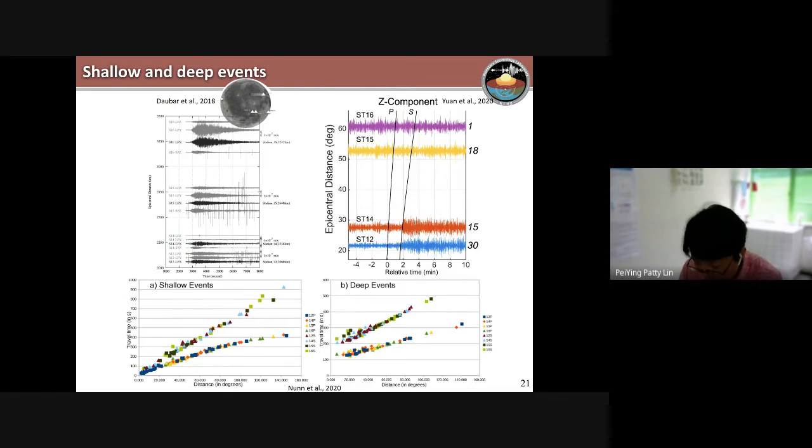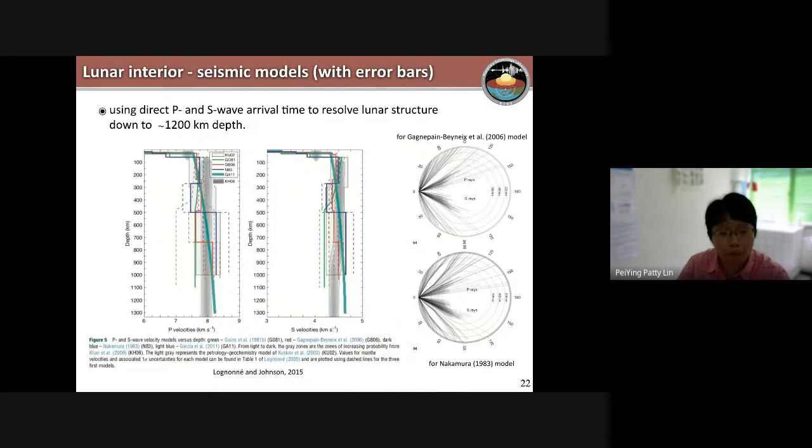And this is the summary plot for the deep events. So this is direct P, and this is direct S. As long as there's P and S, seismologists can use it to infer the seismic structures beneath the Moon surface.